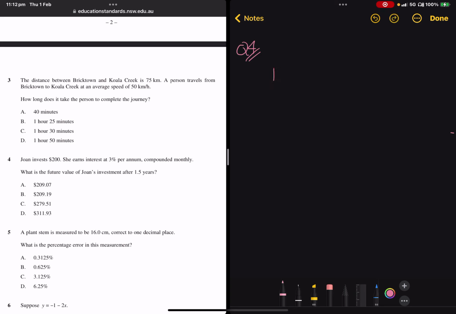This is A equals P times (1 plus R) to the power of N. Now we're told the interest rate, R, is 3% per annum compounded monthly. So that means it's 3%, 0.03, divided by 12. Because it's the monthly equivalent of 3% a year.